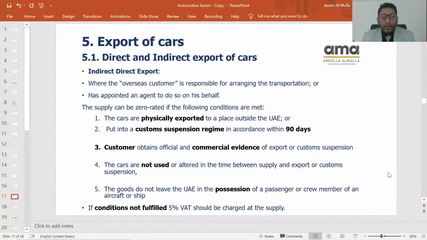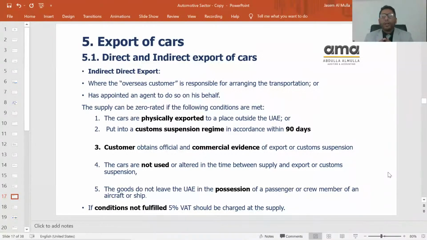The fourth one, the cars are not used or altered in the time between the export and the customs regime. If the car is used, whether by the seller or the buyer, within that specific period, then the car cannot be treated as an export, and you cannot categorize that specific transaction as zero rated.